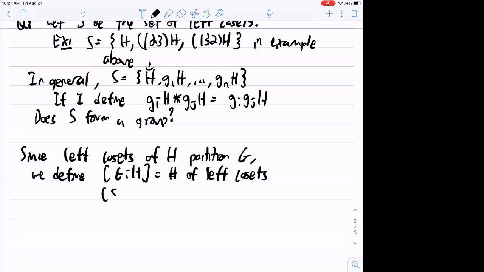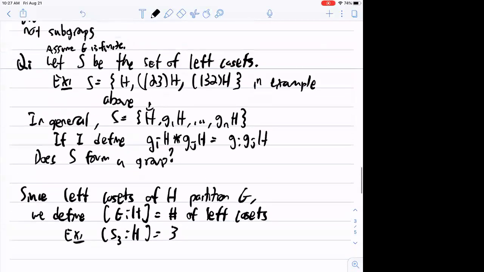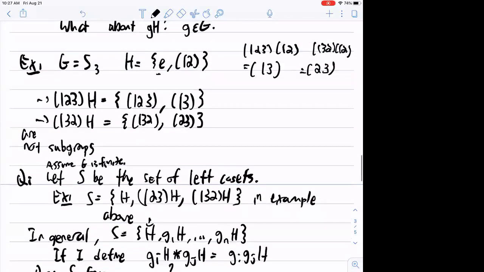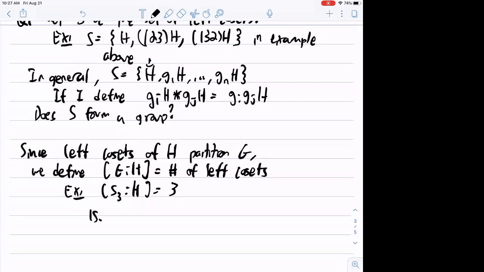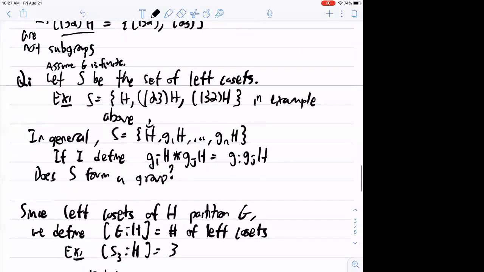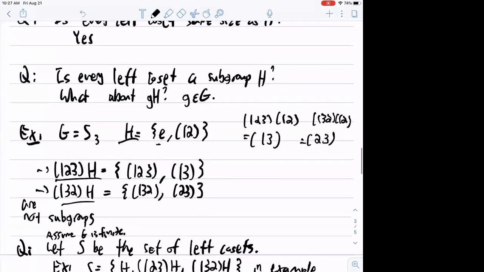So you see in the example above, the index of H in S3 is 3, because we had 3 left cosets: 1, 2, 3. And you could see that it's just the order of S3 divided by the order of H, because they're all the same size. So here, the order of S3 is 6 and H is order 2, so it's 6 divided by 2.